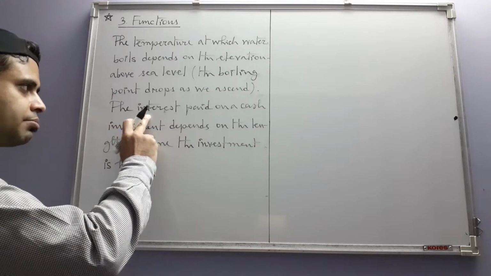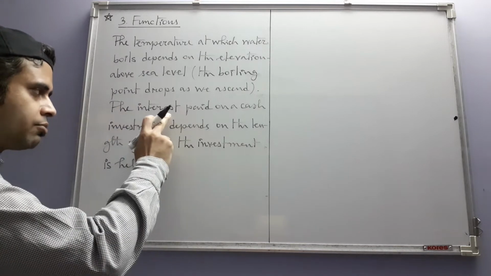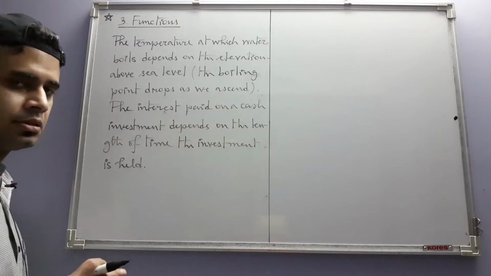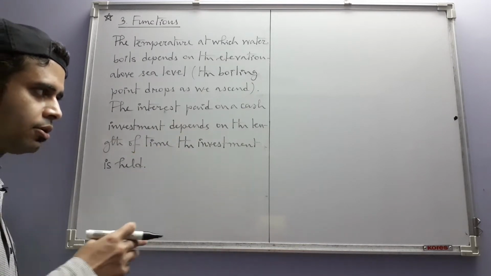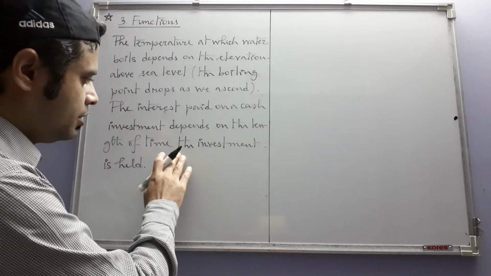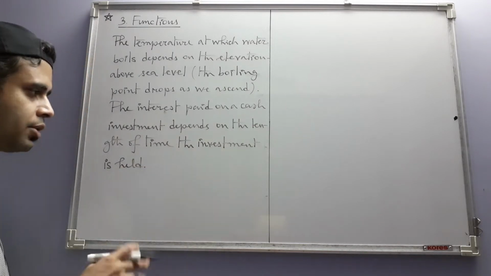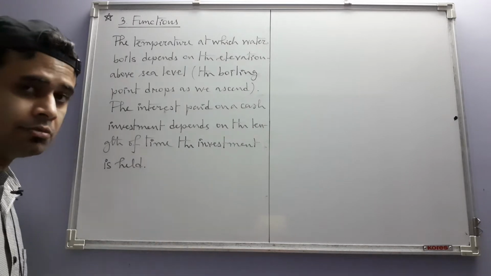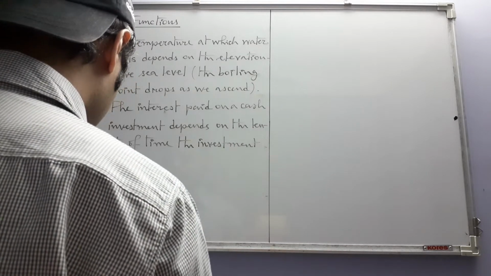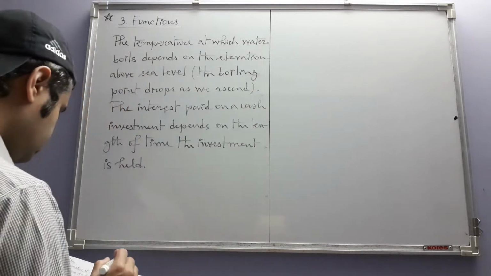In the second example, the variable quantity is interest paid on a cash investment, and another variable quantity on which it depends is the length of time for which the investment is held, the money stays invested. So that's what we say.